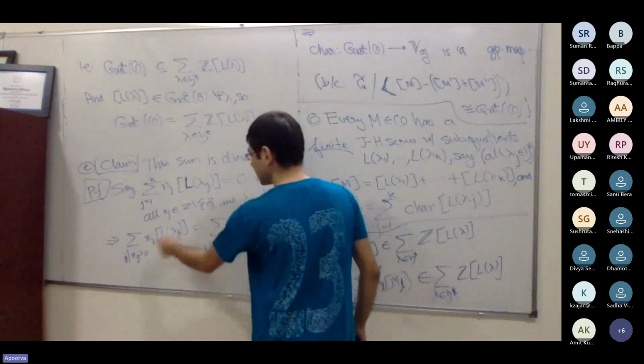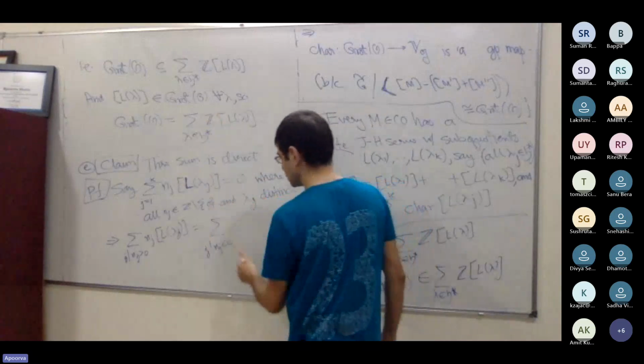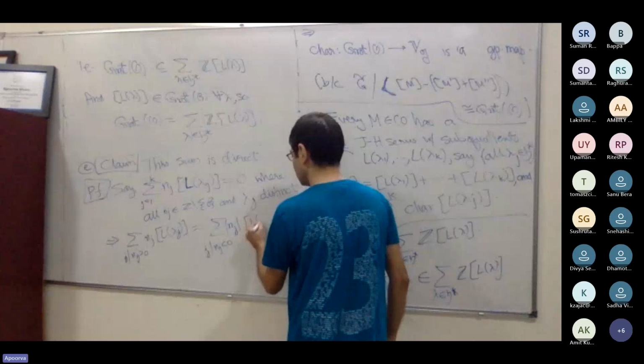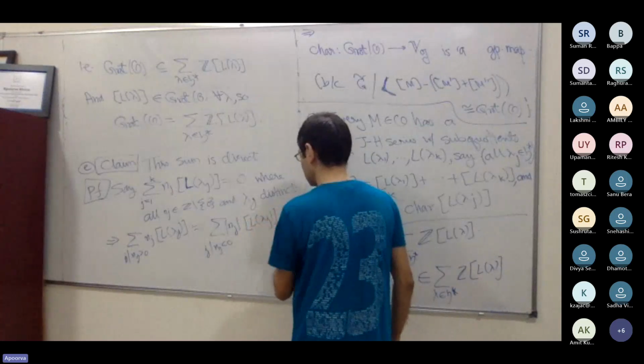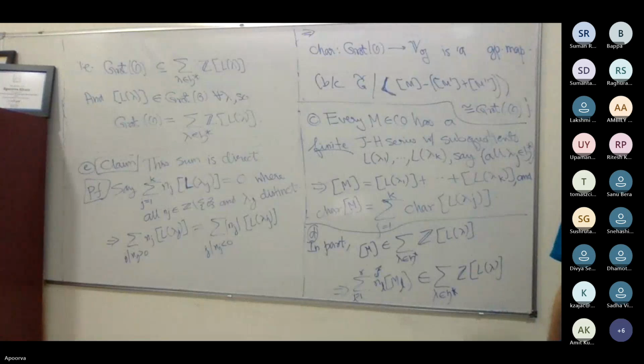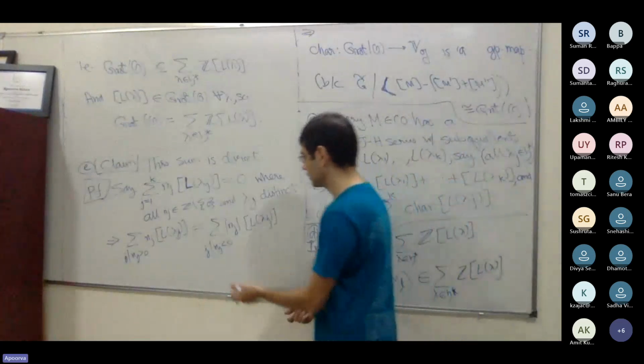I'm not saying that there is at least one term on either side. Maybe all of them are positive. So this is equal to this. Maybe I'll call it k here just to differentiate. But anyway, now what?